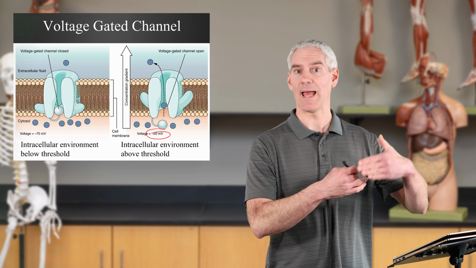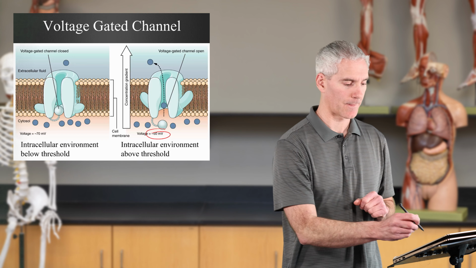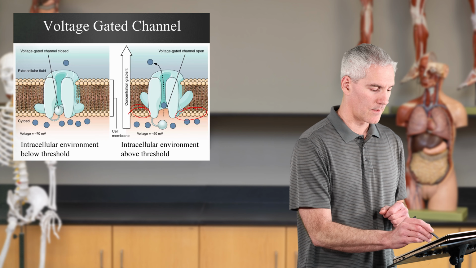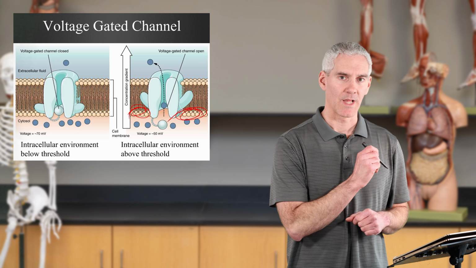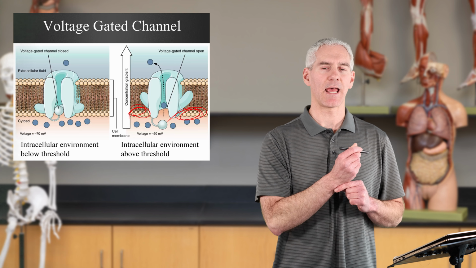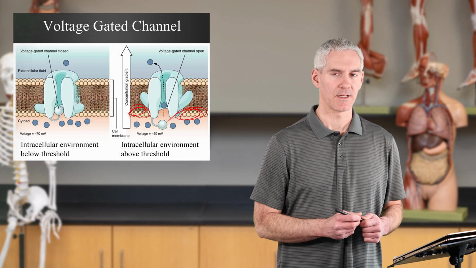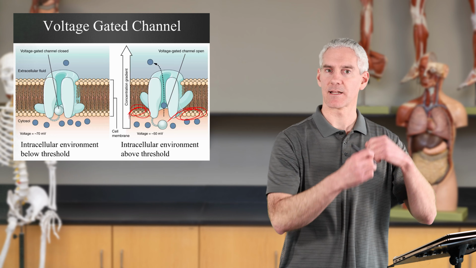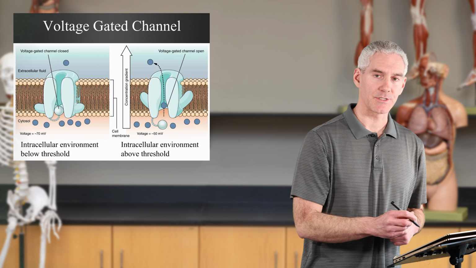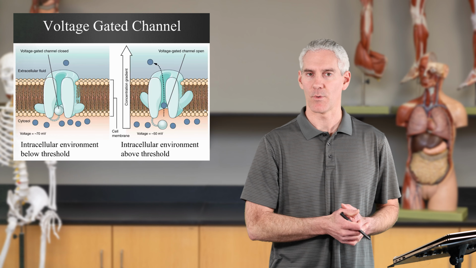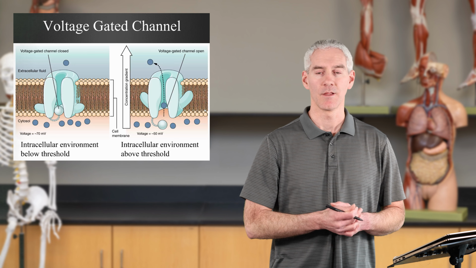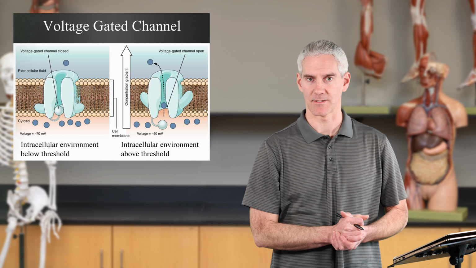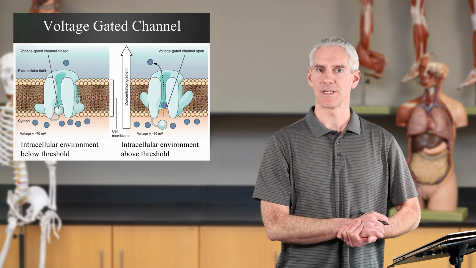Because negative 50, we're past that, the channel is opened. So that means this membrane around it, all that membrane around it, changed its actual potential difference. It depolarized from negative 70 up to negative 50, allowing it to pass the set point for this channel. So the channel reached a point, opened up because the membrane potential changed enough. That's a voltage-gated channel.